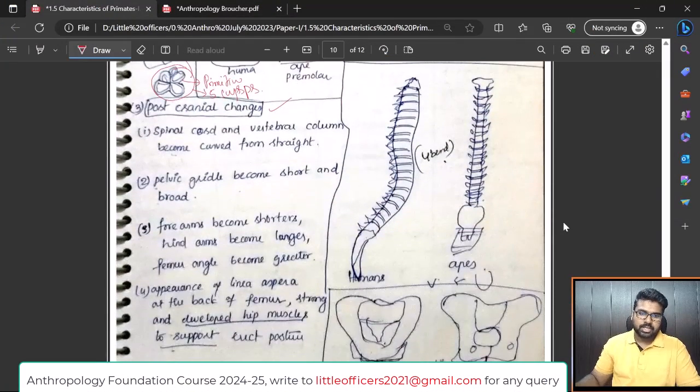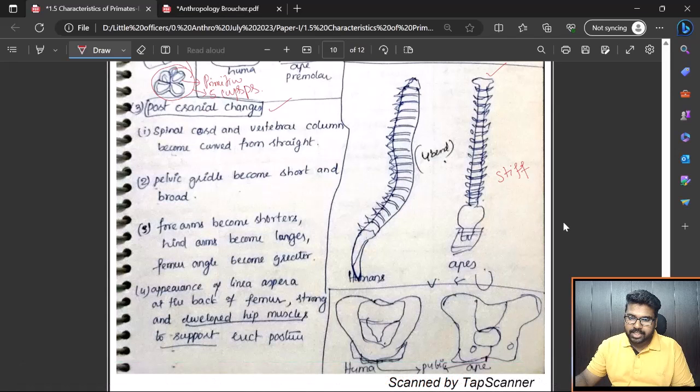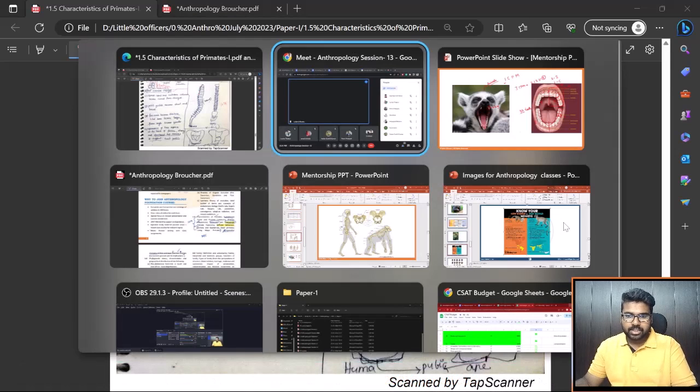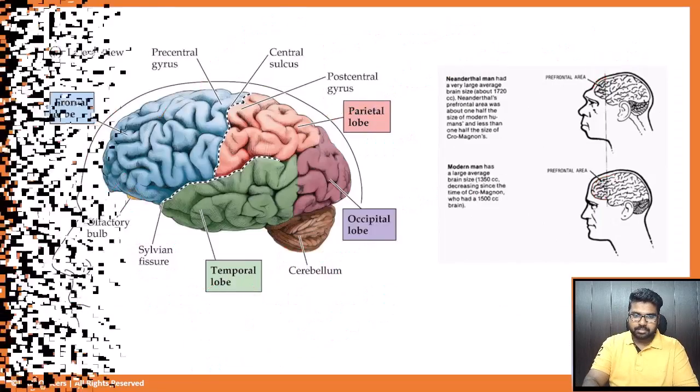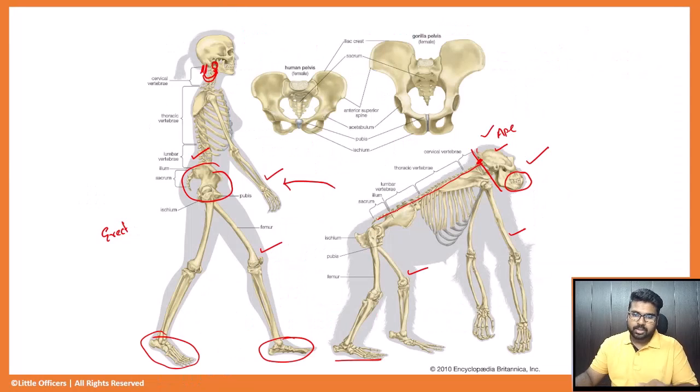First, in the spinal cord or in the backbone, or you can call it the vertebral column, all of them are the same. So what changes have happened? In case of apes, the vertebral column is straight and very stiff. Look at here.